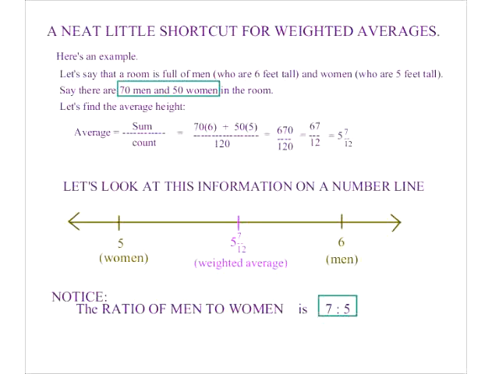Now let's look at our number line. You may be wondering what we're doing with this number line in the first place. So here is what is very, very cool. Let's look at the distances from the average.